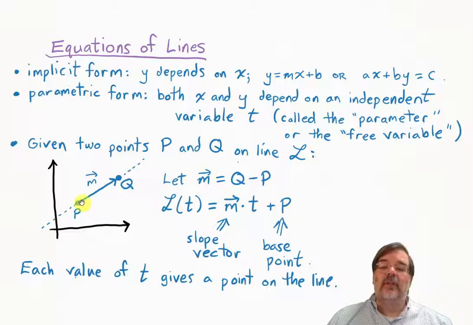It's kind of like your starting point on the line. So it's kind of similar to y equals mx plus b, except instead of a single number representing slope, you have a slope vector. Instead of having a y-intercept, which is really just a point on the y-axis, you have P, which is a base point.